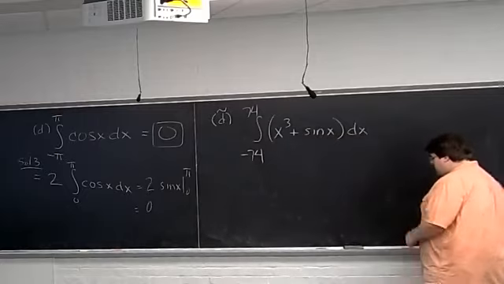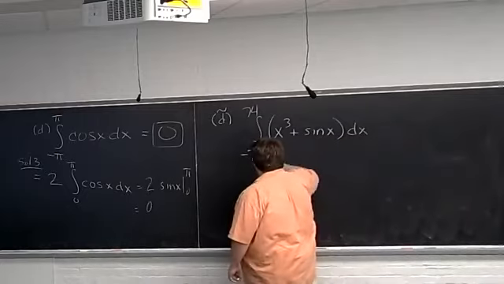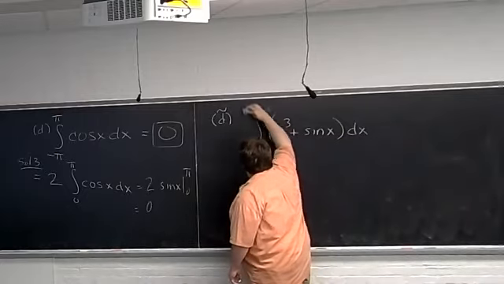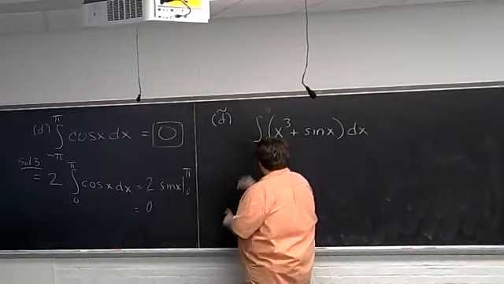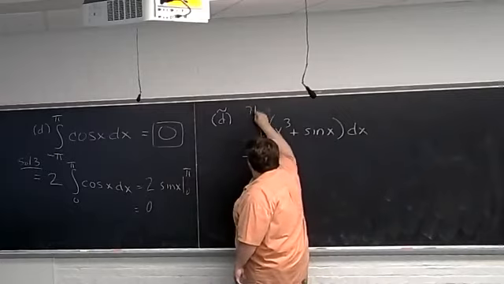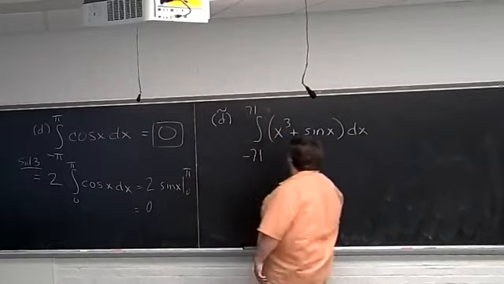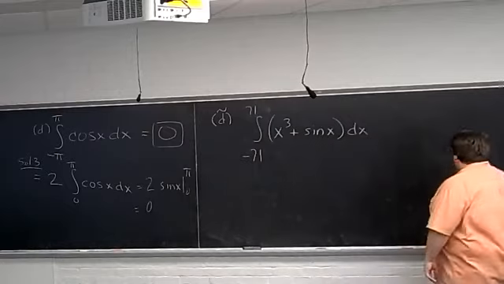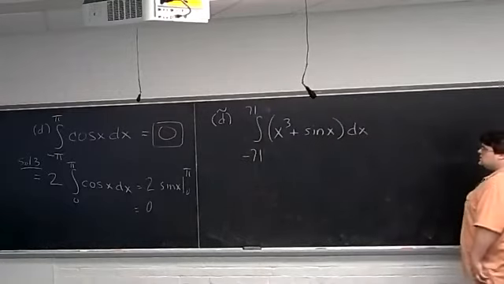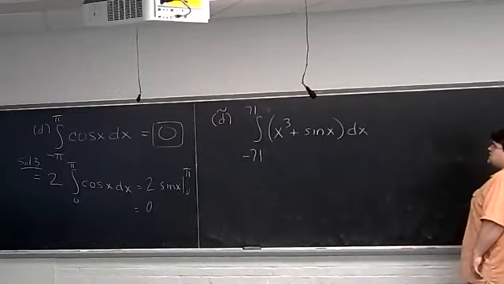Integral from negative, I want a prime number, 71, integral negative 71 to 71 of x cubed plus sine x.